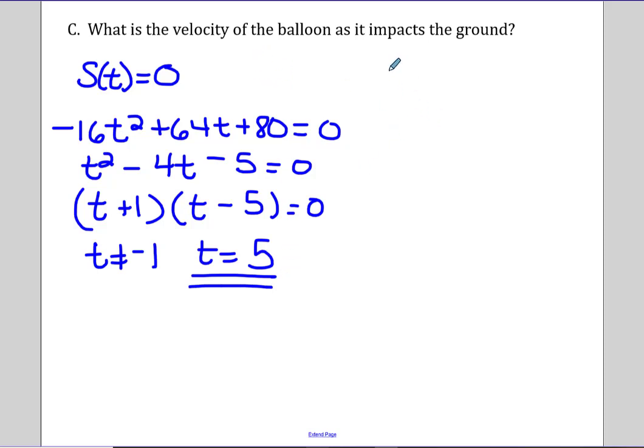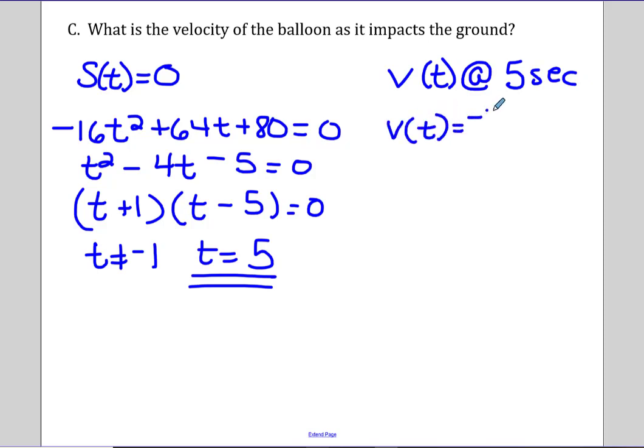And we also found the velocity, and we want the velocity at 5 seconds. So our velocity function was negative 32t plus 64. And that's going to turn out to be the velocity at 5, because we substituted 5 for time.